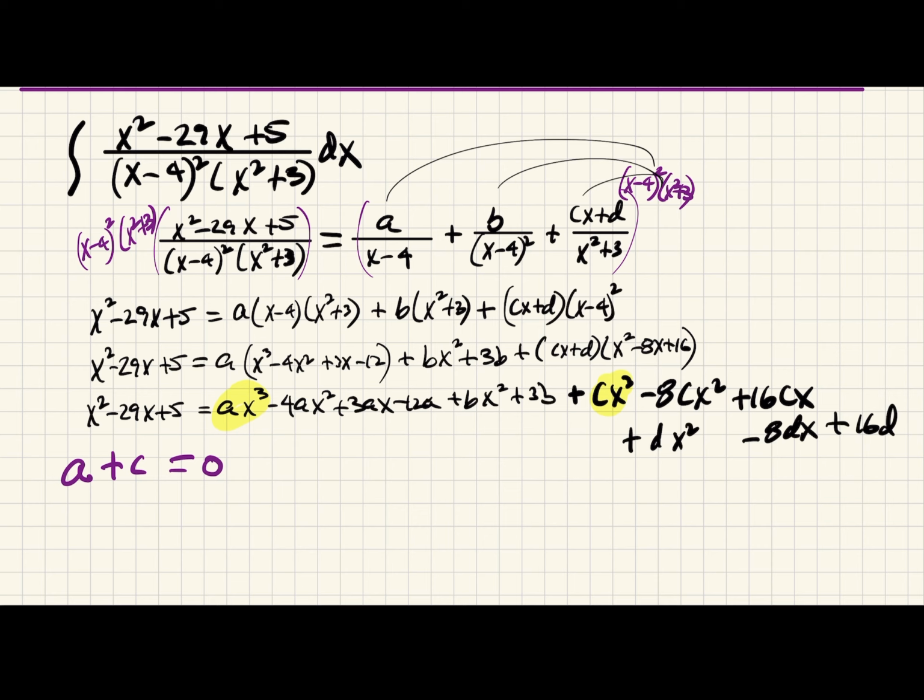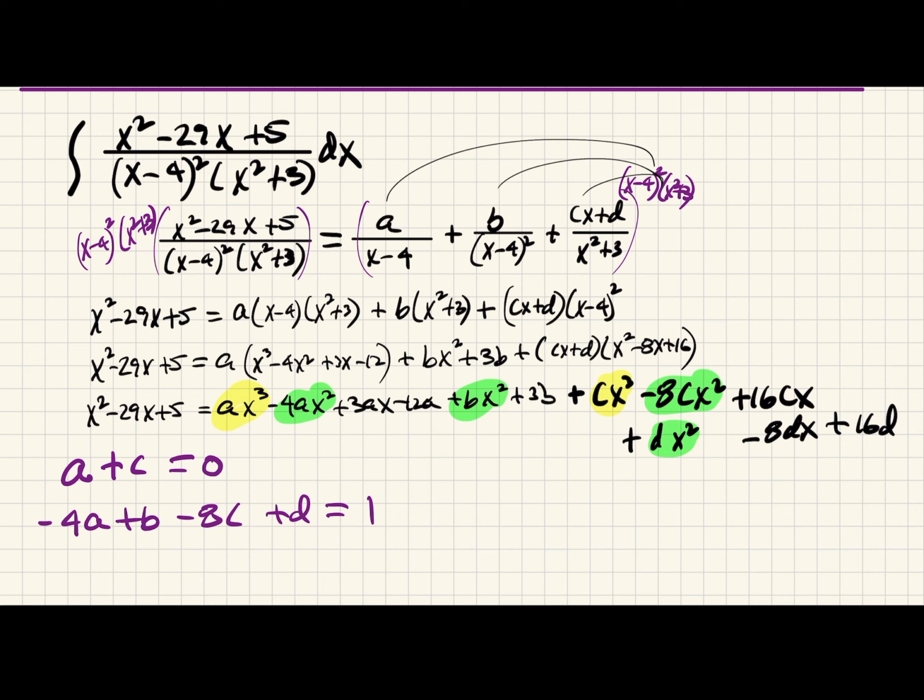Now, what about my x squares? Well, I have a minus 4ax squared. I have a bx squared. I have a minus 8cx squared. And I have a plus dx squared. So that means that minus 4a plus b minus 8c plus d would be equal to what? 1. Good.